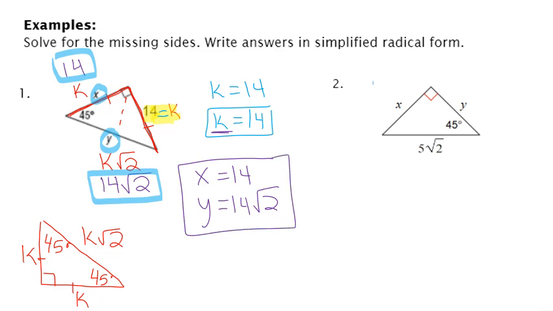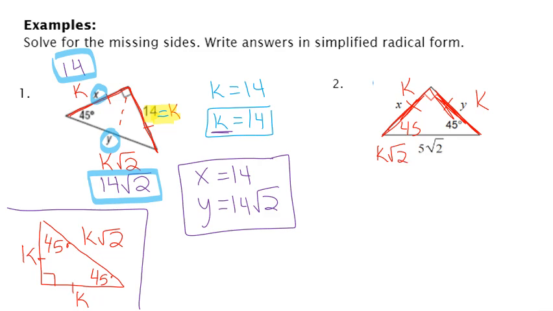The second problem is done essentially the same way. So we're still using this similarity with the special right triangle. So I'm going to go ahead and label this out. So my two legs that form the right angle for 45, 45, 90 are the same. So I'm going to call both these k. And my hypotenuse is k radical 2.